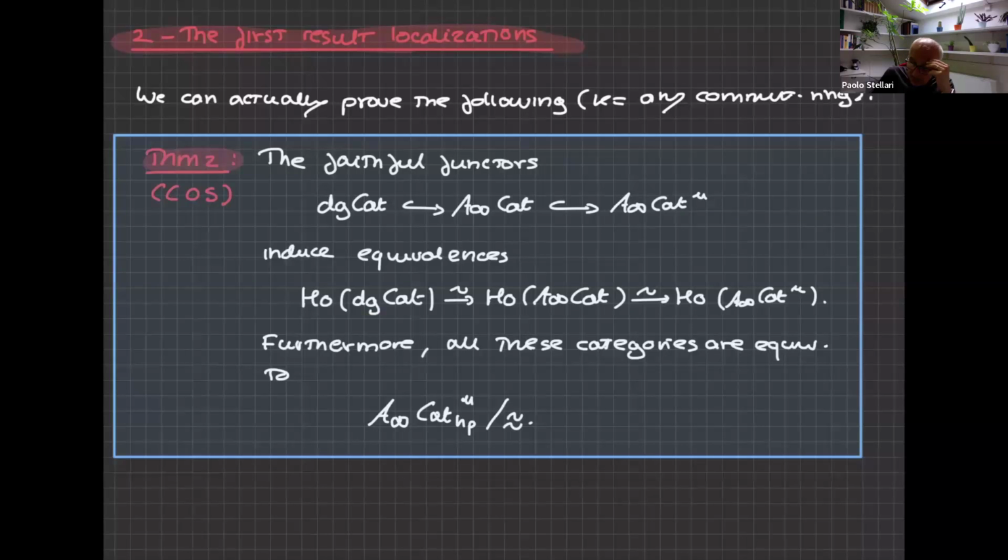And the funny fact is that they can also be compared to another very nice and very useful category, which I'll comment on a little later, the one mentioned down here. Maybe I can spend a little bit of time defining the latter category.